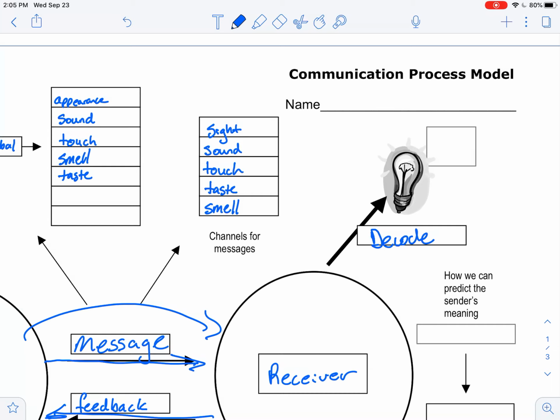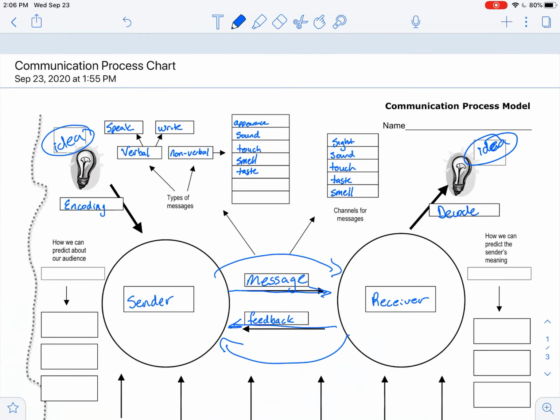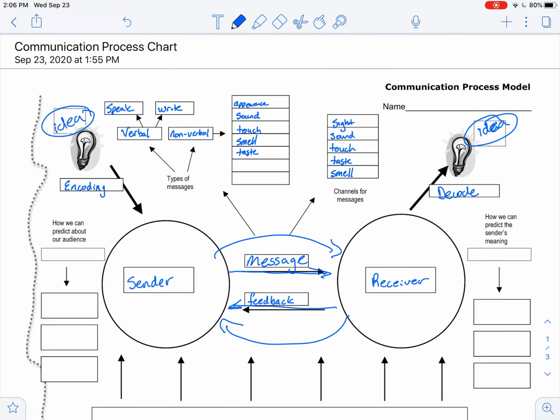And then that turns for them into an idea. So they now have an idea in their mind, and the goal is that your idea was the same one that they have. If you do that, now you have actually communicated the way that you want. Okay, and that is communication.